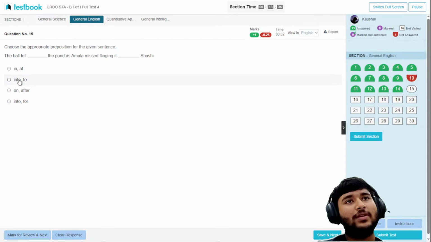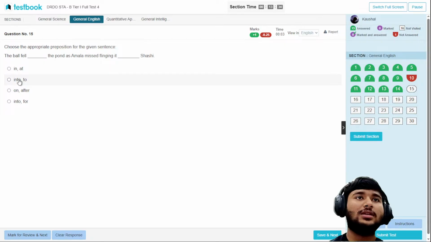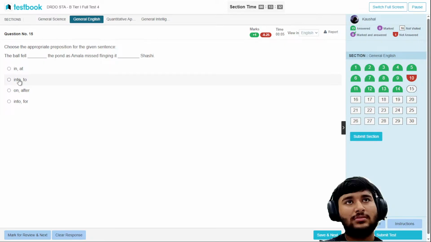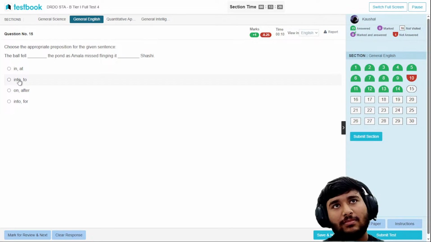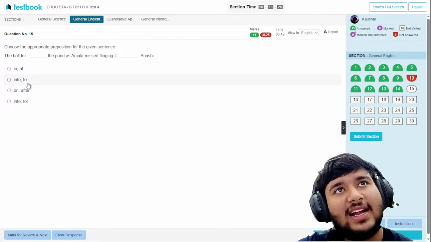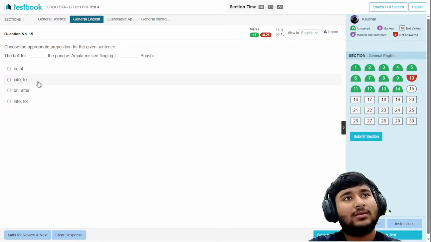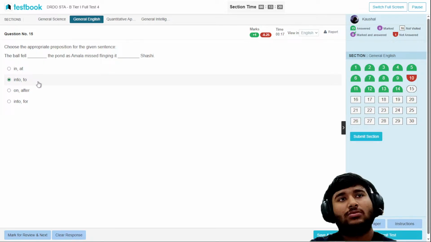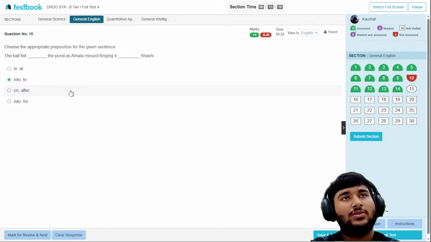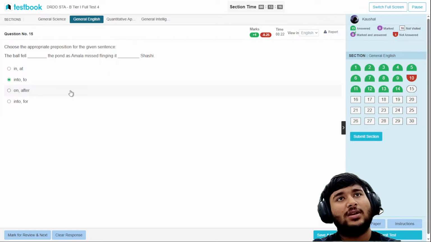The ball fell into the pond and Amla missed flinging it to Sakshi.